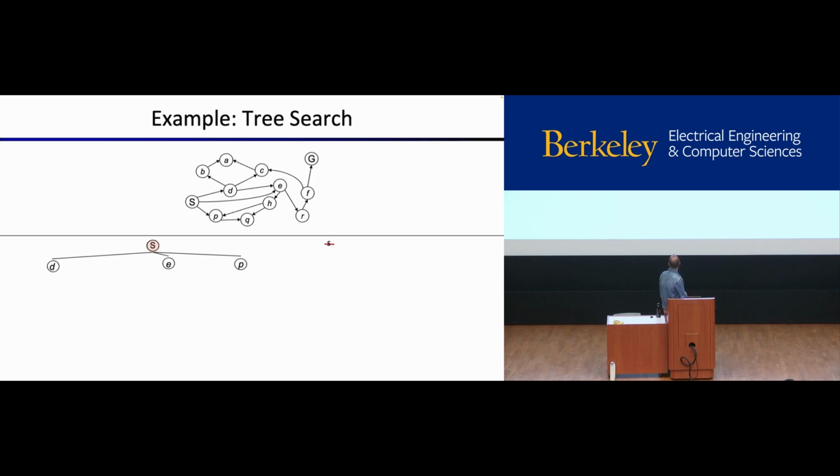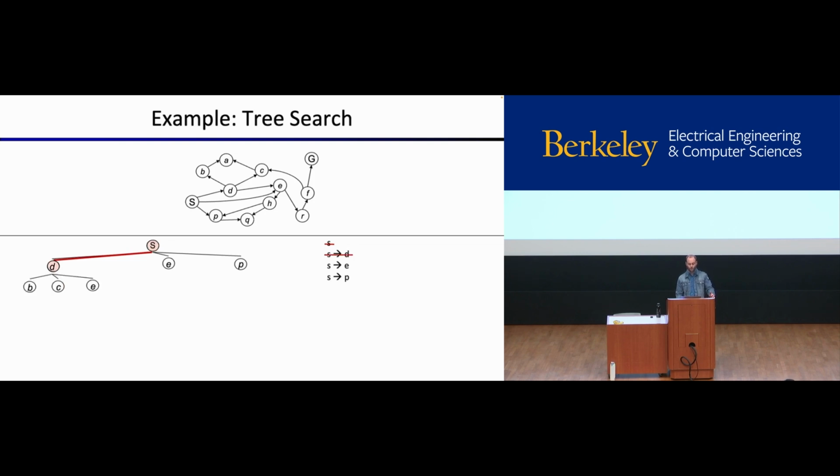So now we have new partial plans. Our fringe is the set of clear circles, D, E, and P. So we add those to our fringe. And now, using some strategy, an arbitrary one for now, we'll pick one of these to expand. Let's pick S to D. That's not a goal state.